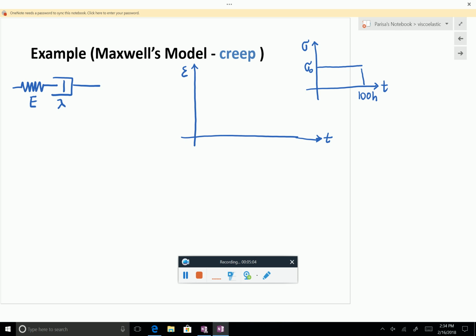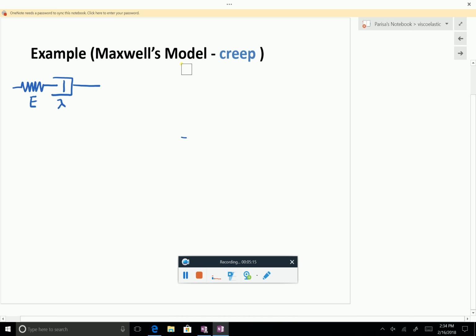Pay attention, we are not unloading. I didn't talk about unloading. Let me draw this differently. So here is sigma 0, and I hold it for 100 hours.